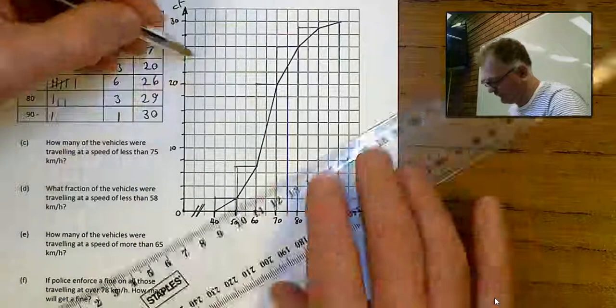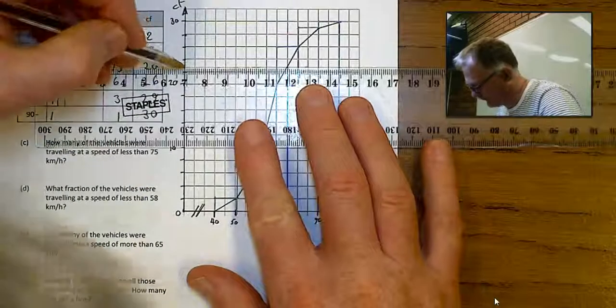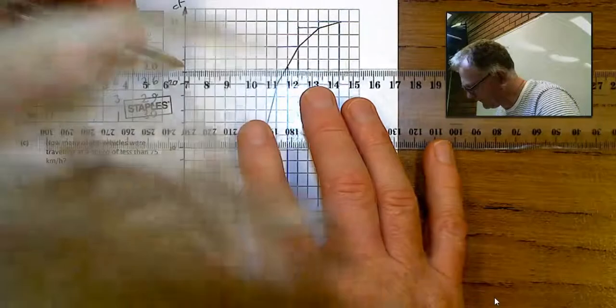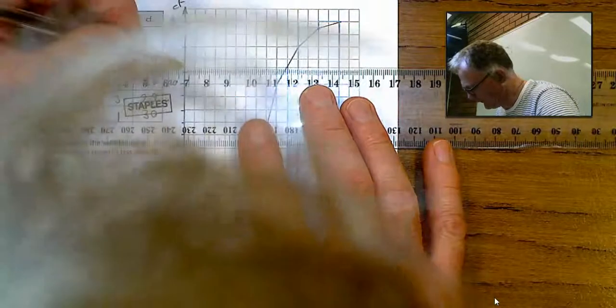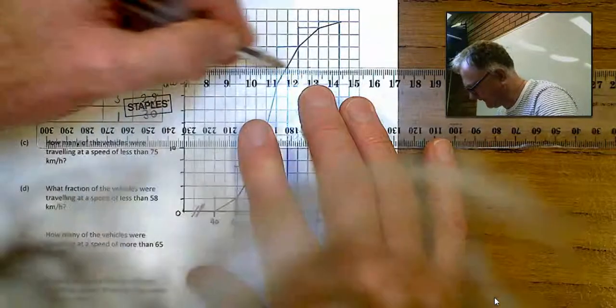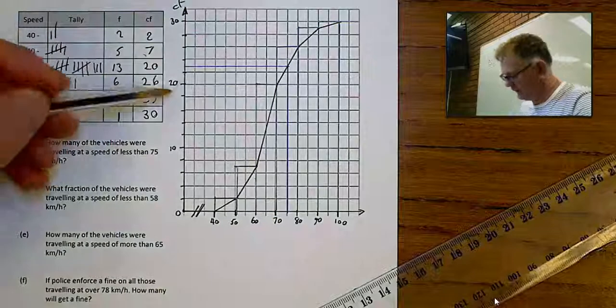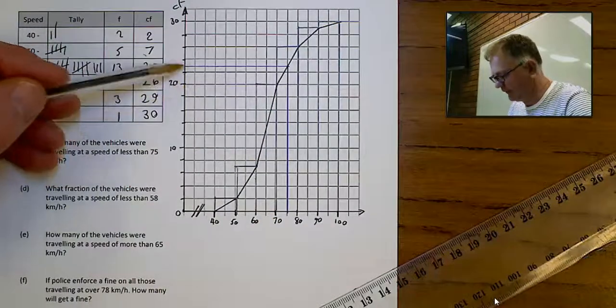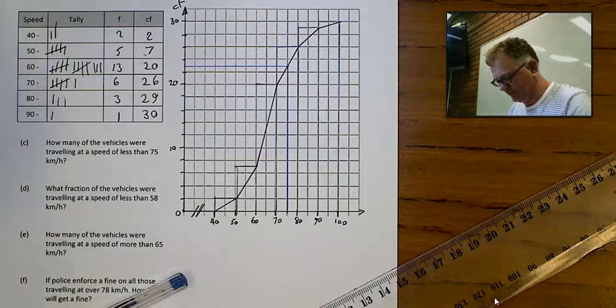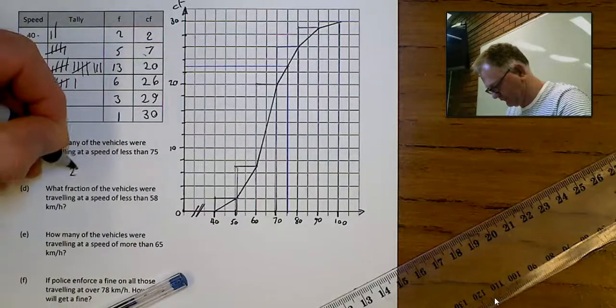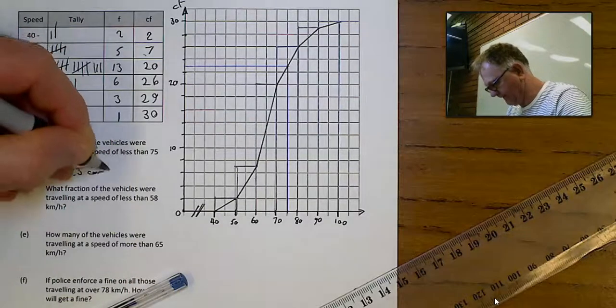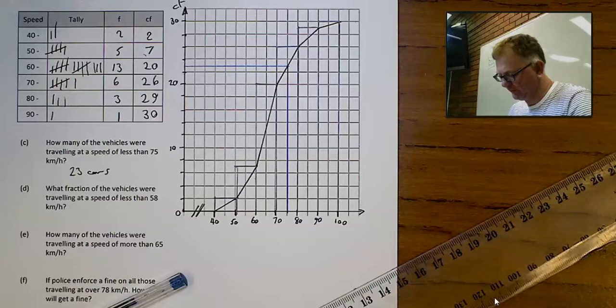Go up to 75, go along. You need to be pretty accurate. Now it looks like 22, 23 cars had a speed of less than 75.